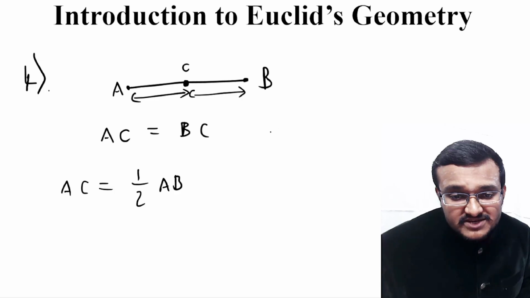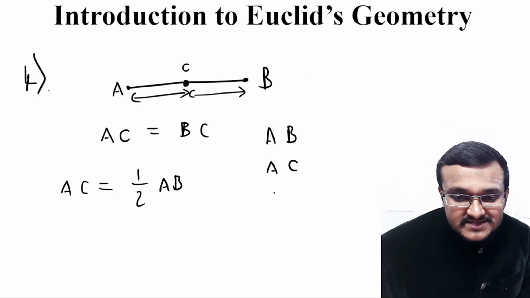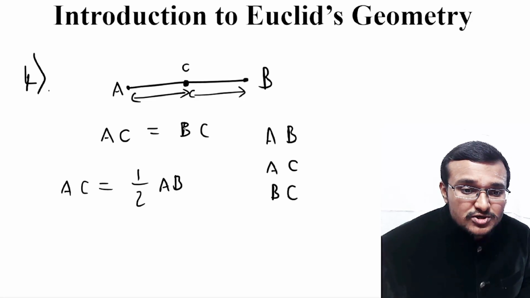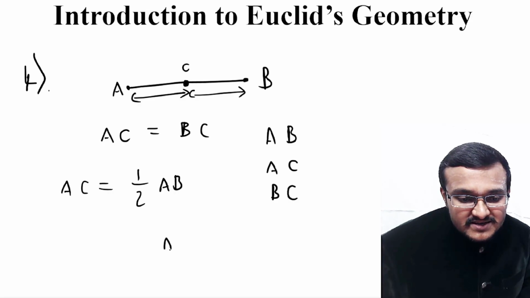In this question, we have three line segments: AB, AC, and BC. Among these, AC is equal to BC, and C is in between A and B. Here I am writing the proof for this fourth question.